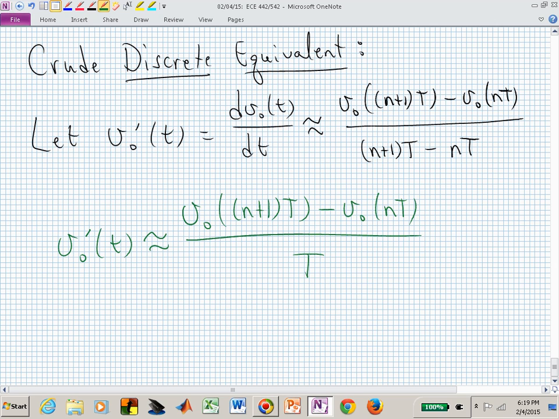What is still unknown in this derivative approximation? We haven't yet selected the sample period, have we? Capital T. But do we have a feel for what we might compare that with?